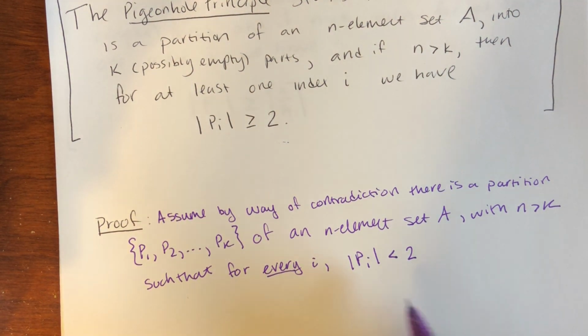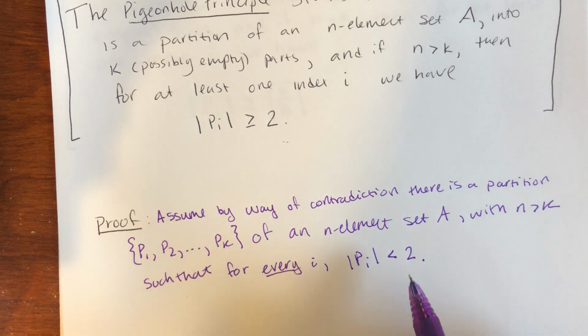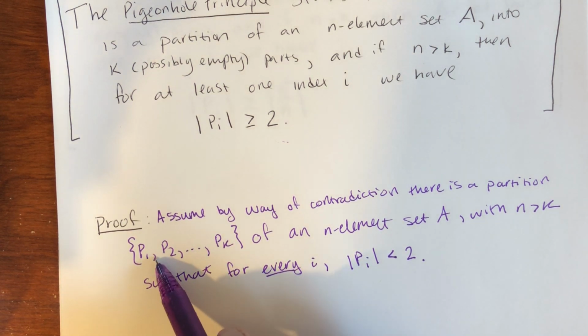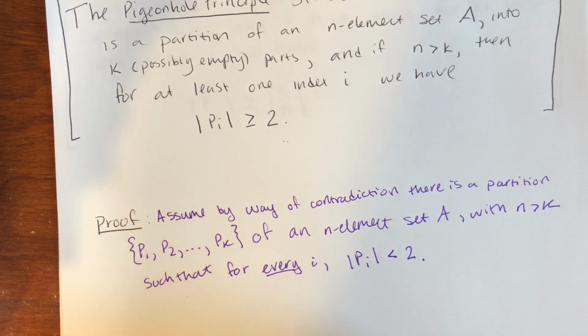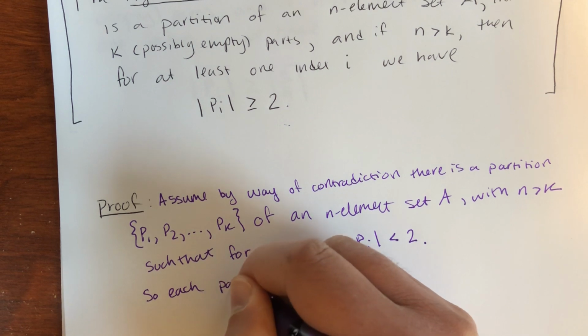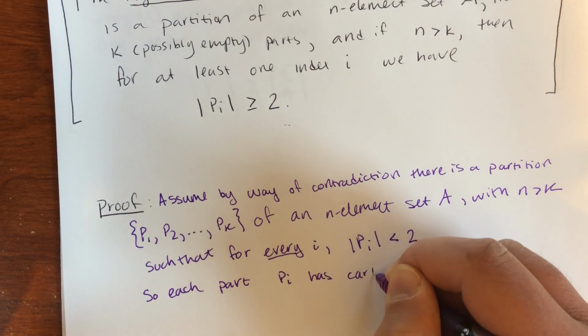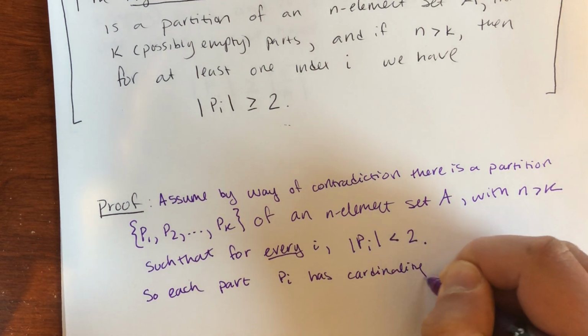Well, if this was the case, then that means every single part here has 1 item or less, because cardinality has to be a natural number or 0. So if it's less than 2, then each one of these parts has 1 item or less. Each part Pi has cardinality 1 or 0.